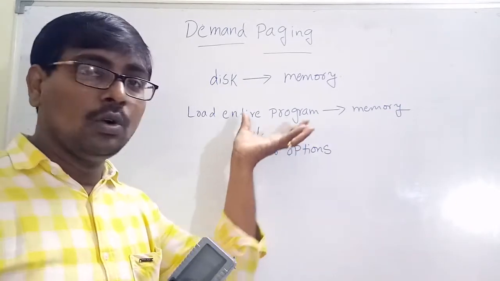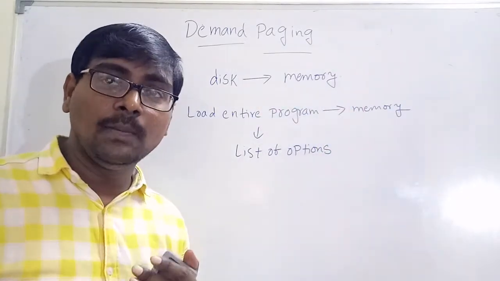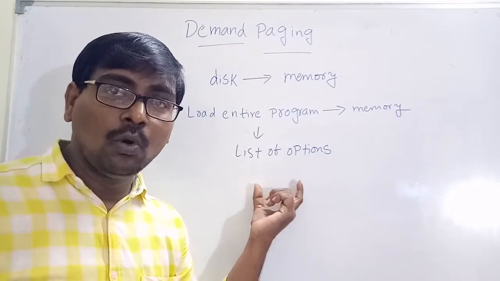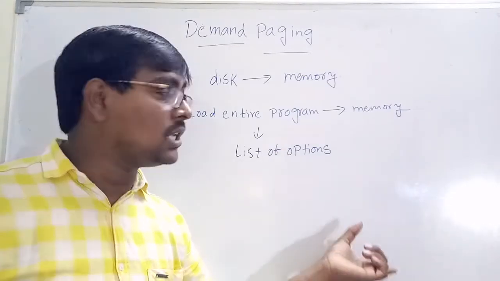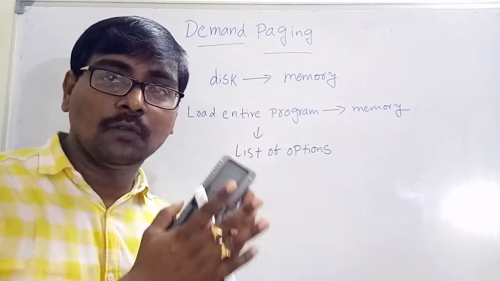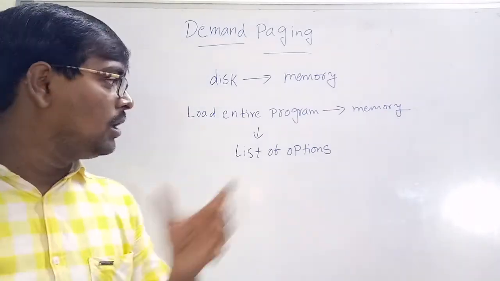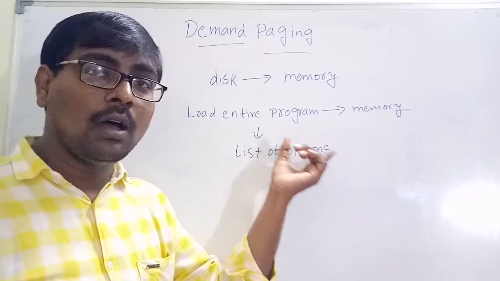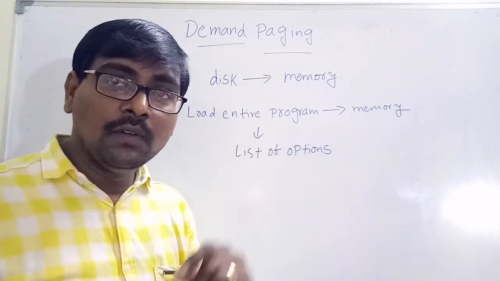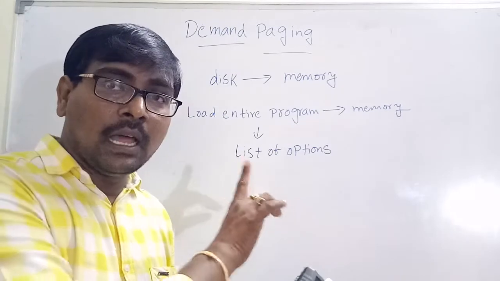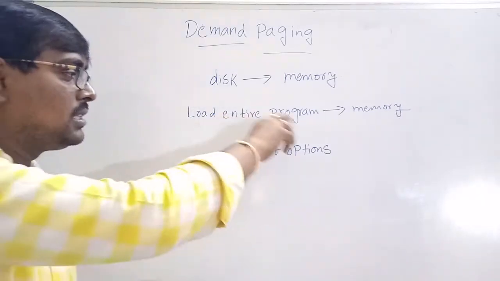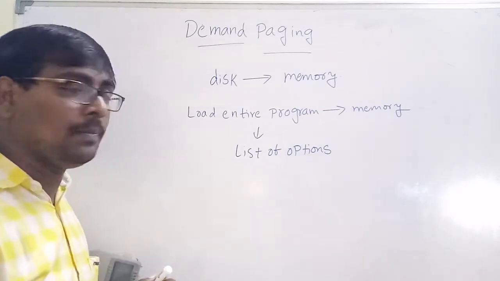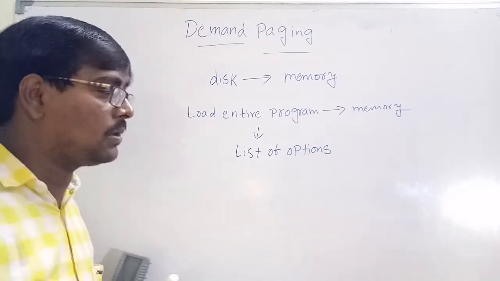If we load the entire program into the main memory, it means loading the executable code for all the options, even though we require only a single option's executable code. That is the main problem of loading the entire program into the main memory or physical memory.